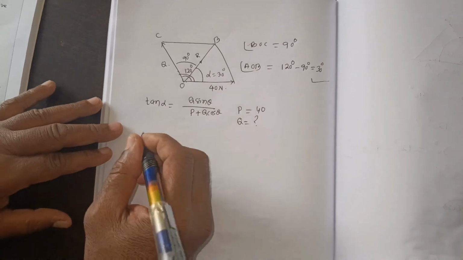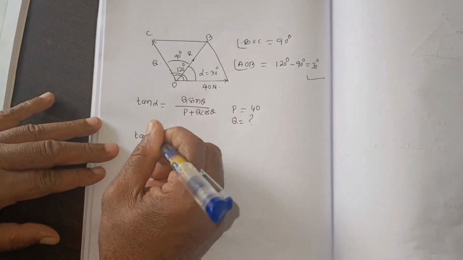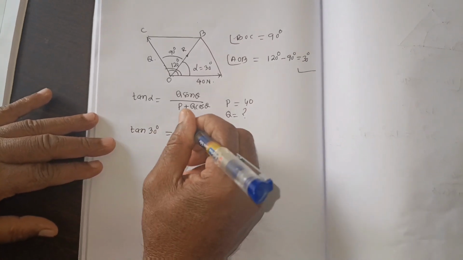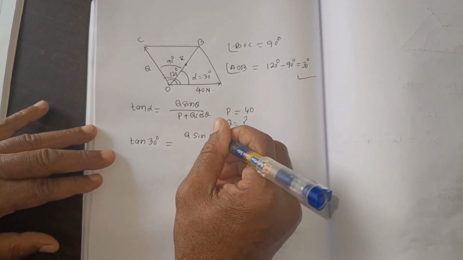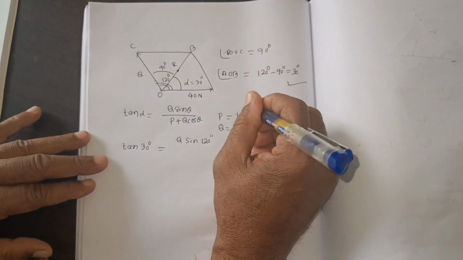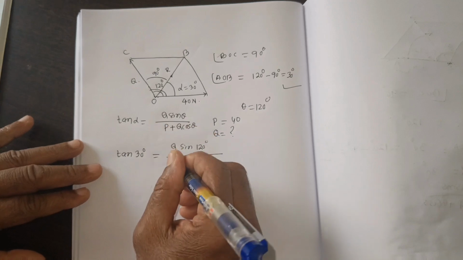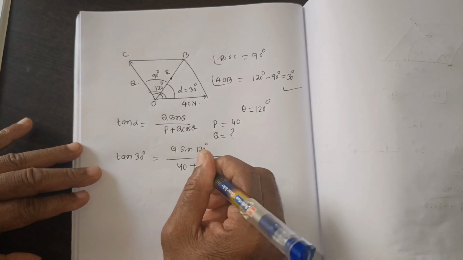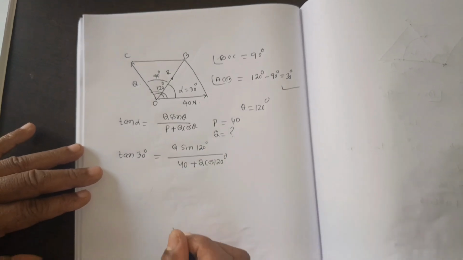Putting the values, tan alpha, that is tan 30 degrees, is equal to Q sin 120 degrees, because theta is equal to 120 degrees, divided by 40 plus Q cos 120 degrees.